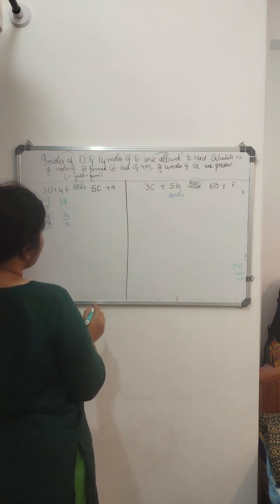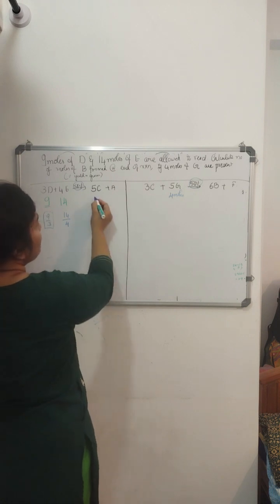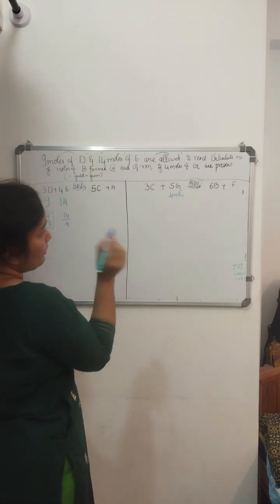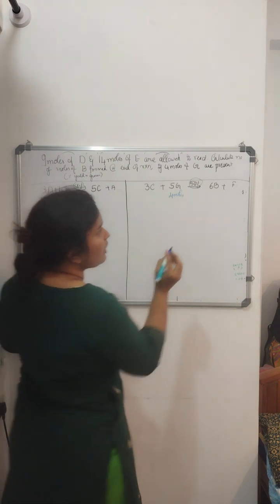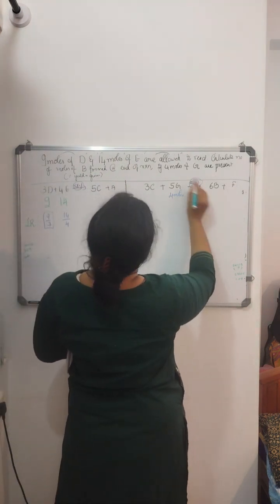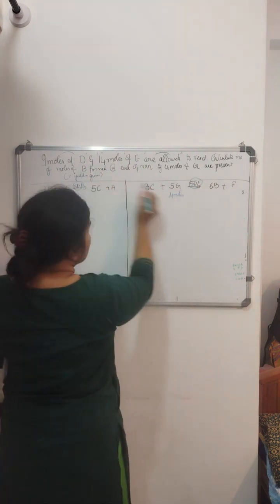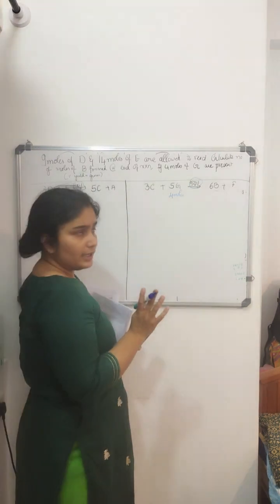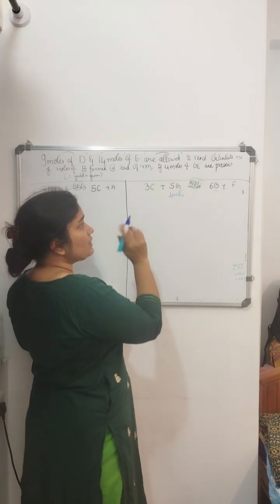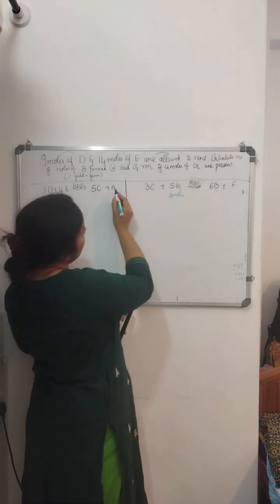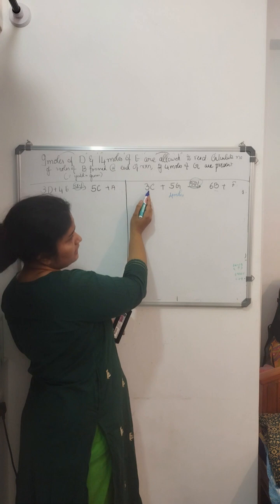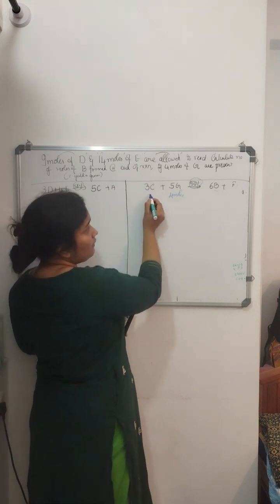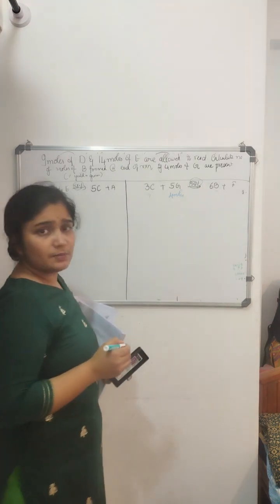So let us find how much of C is formed. What is our final question? How much of B is formed, isn't it? To know how much of B is formed, here also I should find the LR. But what do you see here? This is the first part of the equation and this is the second part. They have not told me how much of C is being taken.